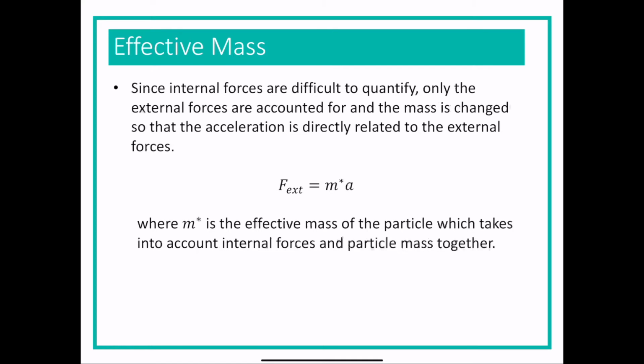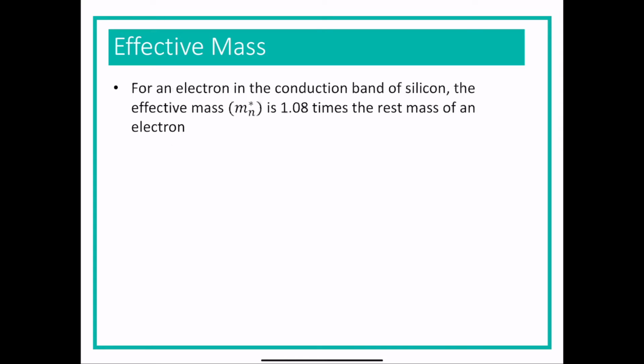So what this means is that electrons have one type of effective mass because they're moving in a certain way in the conduction band. Holes have a different effective mass. Even though they are also basically done by electrons, the electrons are moving differently because they're in the valence band. So if we have an electron in the conduction band, we say it has an effective mass of 1.808 times the rest mass of an electron.